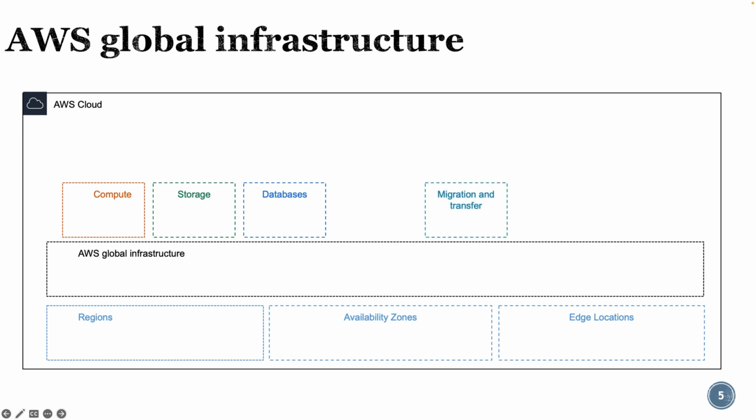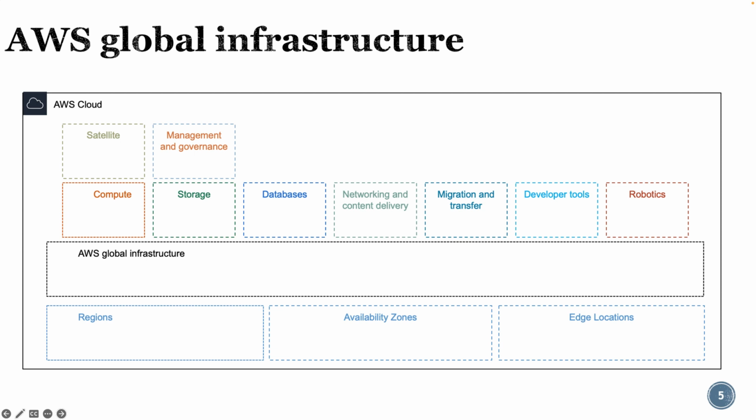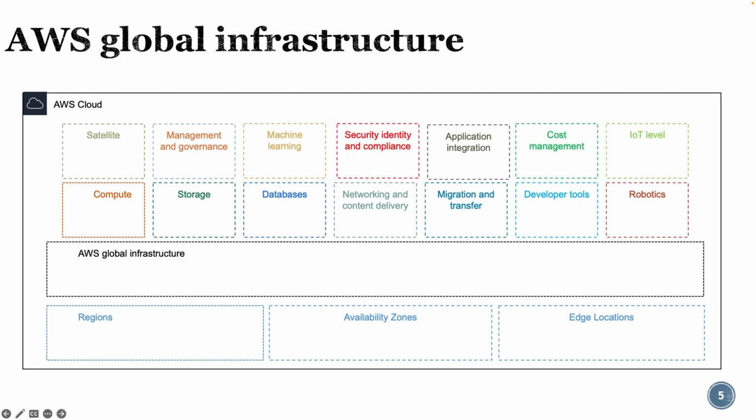We also have a level of migration and transfer. And one example of a migration and transfer service is AWS Snowball. We also have network and content delivery, and these services could be your Amazon VPC or CloudFront. We have a level of developer tools, robotics, blockchain, and satellite. We also have a level of management and governance, and a level of media services, a level of machine learning, which actually has its own specialty certification.